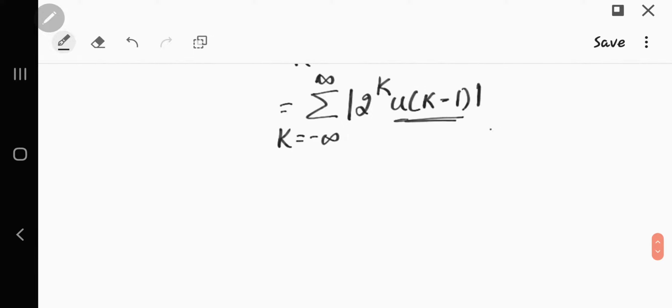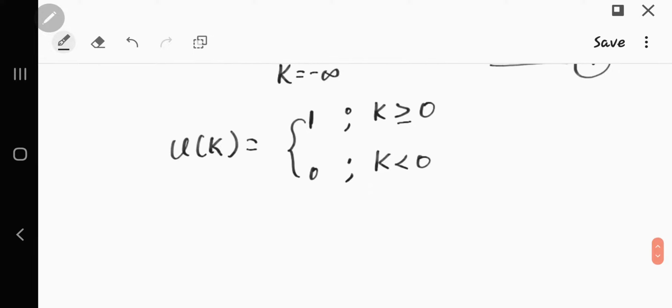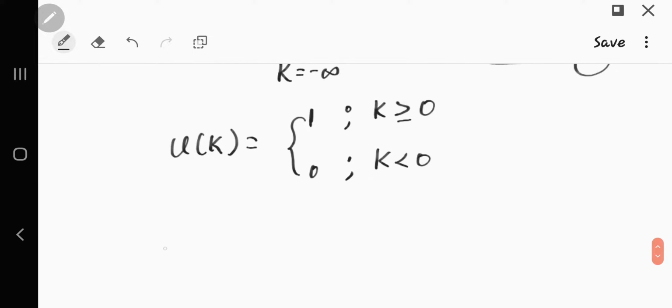I am expressing the unit step function in terms of k, because here we have u of k minus 1. From the definition, u of k is equal to 1 for k greater than or equal to 0, and u of k is equal to 0 for k less than 0.